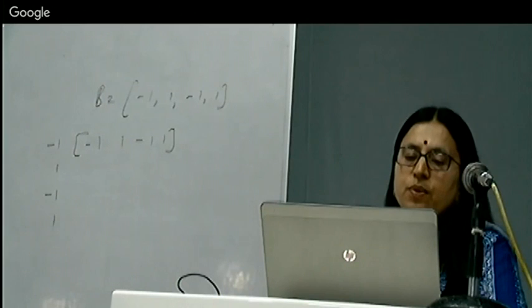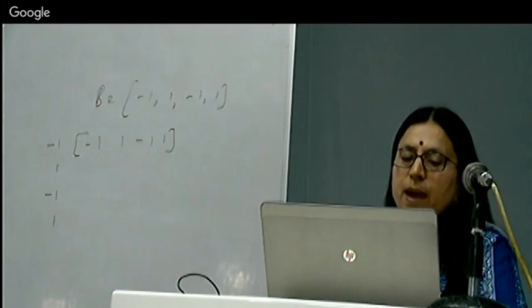The first row has elements 0, -2, 2, -2, then -2, 0, -2, 2, then 2, -2, 0, -2, and -2, 2, -2, 0.